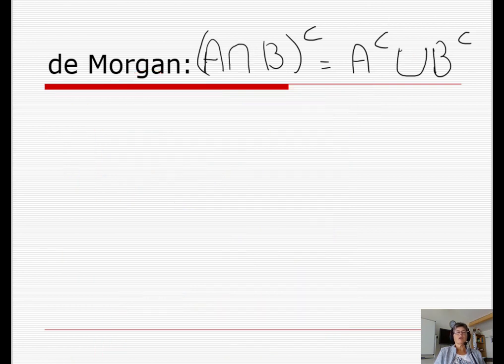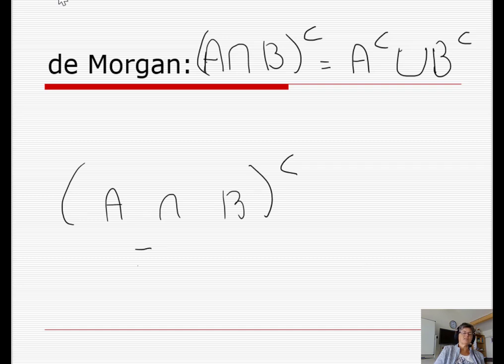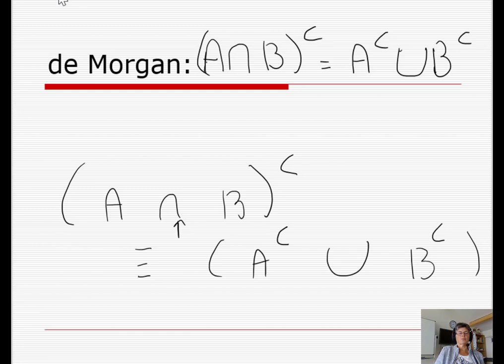A similar thing applies for the intersection within the brackets, and what you only need to remember is, if we have something inside a bracket with a complement, this is equivalent with both sets outside of the bracket, and inside we complement the two sets and we switch the operator.